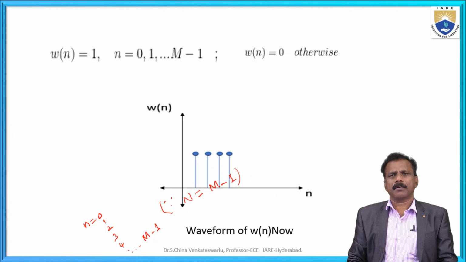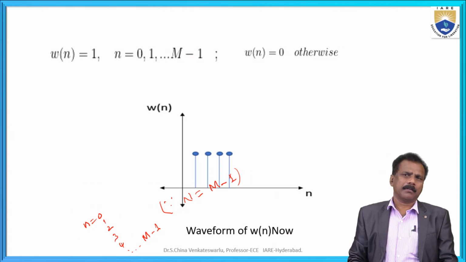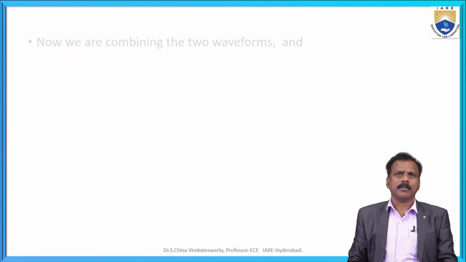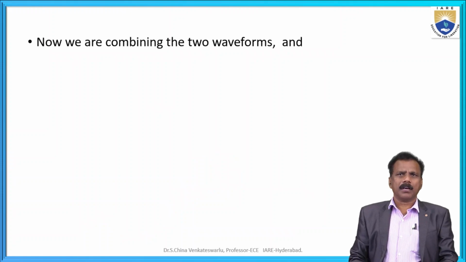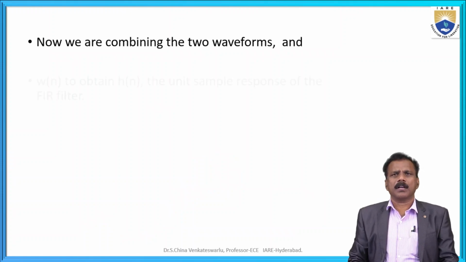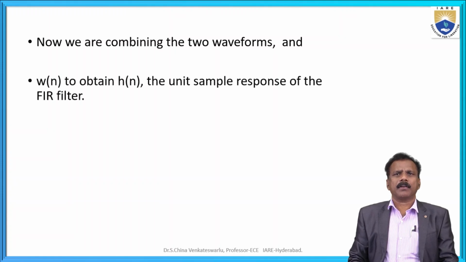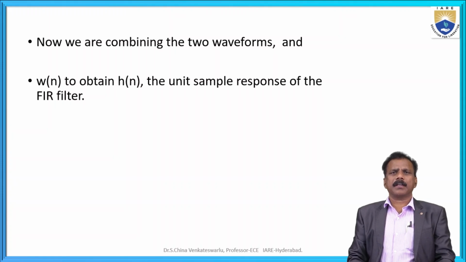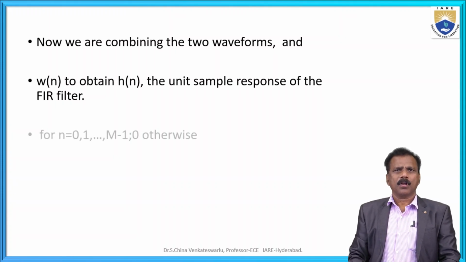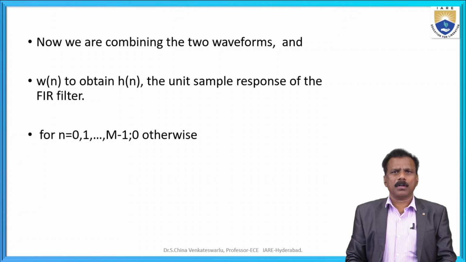Okay, that is the waveform of w of n. So now we are combining these two waveforms to obtain h of n, the unit sample response of the finite impulse response filter, for n equal to 0, 1, 2, 3 and so on up to M minus 1, and 0 otherwise.